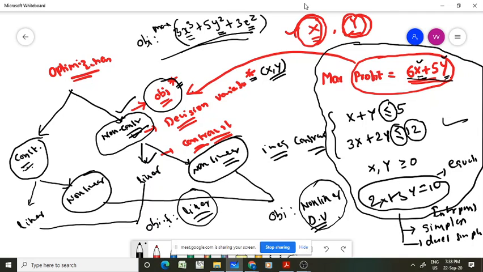Now suppose we consider the economic load dispatch problem. Let's assume we have 3 generation units, and the fuel cost function of each generation unit is in the form of aP squared plus bP plus c.